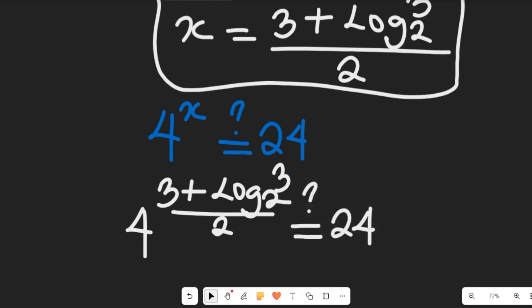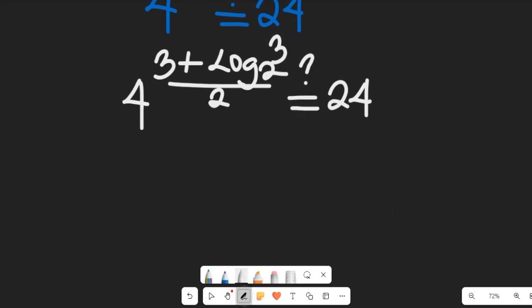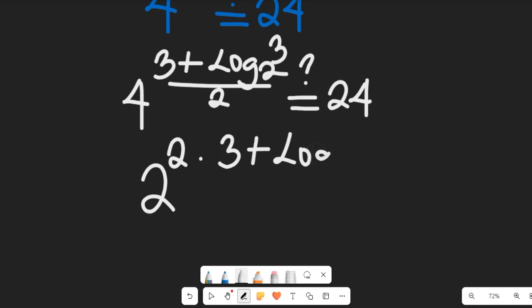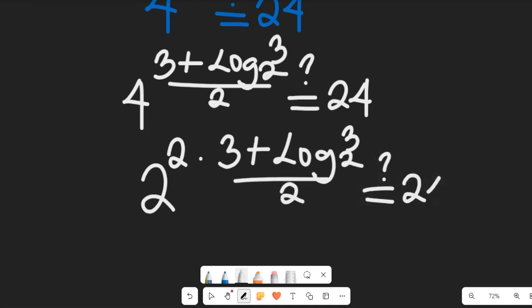Let's check that out. If we simplify that, you're going to find out that this is going to give us 2 to the power of 2, right? Multiplying 3 plus log of 3 base 2. All our aim is to reduce this fraction. Will this be equal to 24?